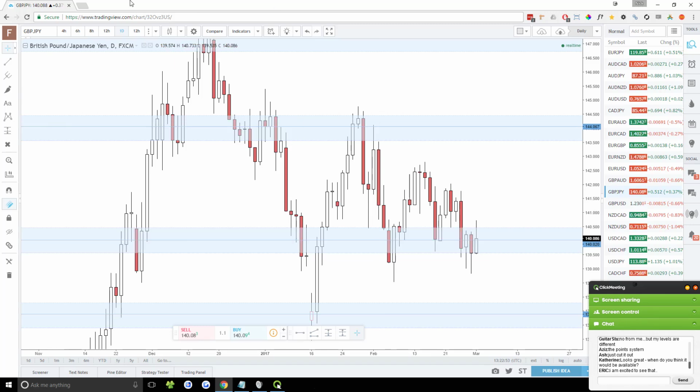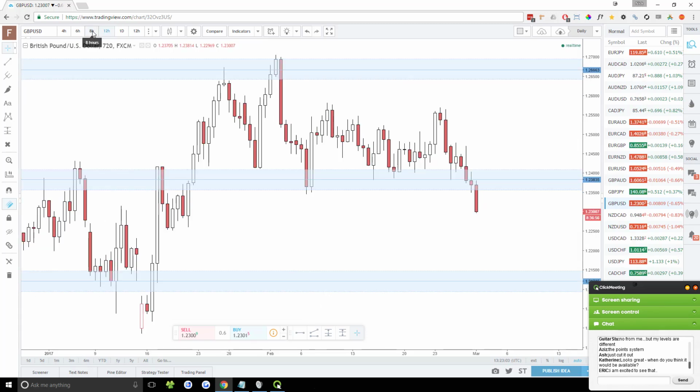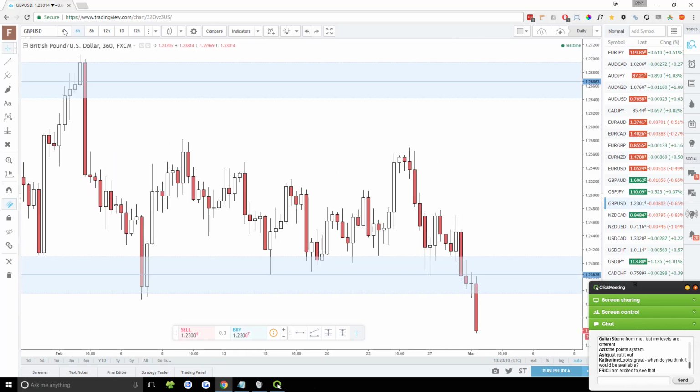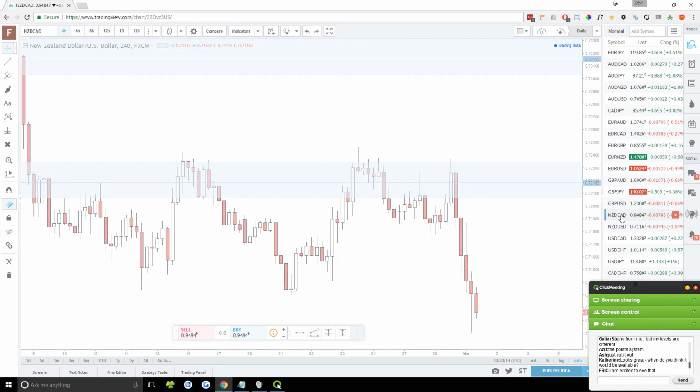That's too messy. I'm not going to take a trade here. GBP USD. I thought we already looked at GBP USD. Oh, that was GBP AUD. Alright, GBP USD. What's up with this? We had a potential trade set up here, but that never triggered. It kept going down, so fair enough.